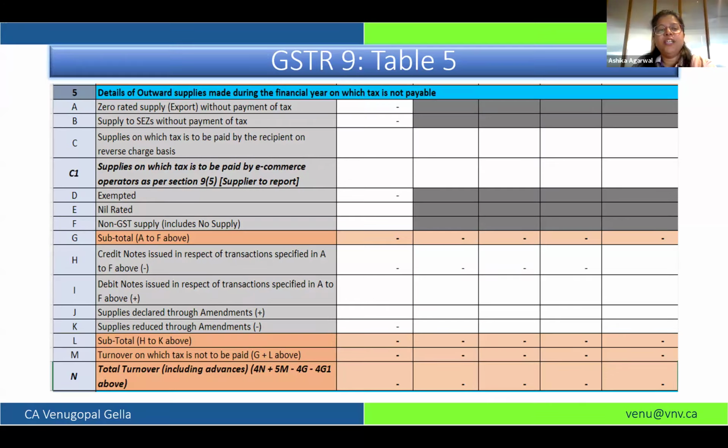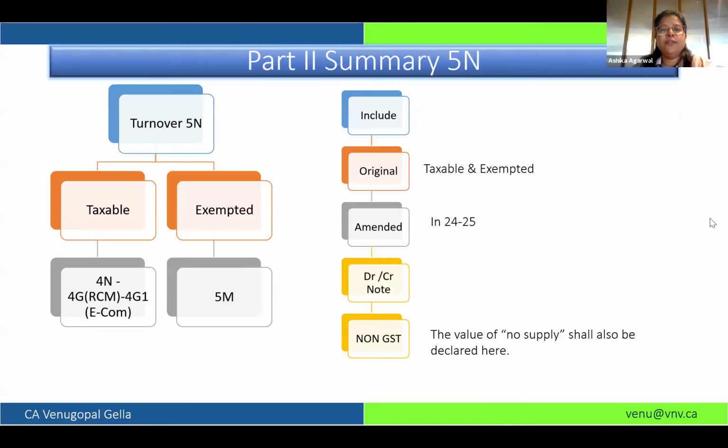Even though you have rectified subsequently, that will form part of part 5 of GSTR 9. Here you will report only the things you have reported in 24-25. Even the amendment which has been taken in 24-25 will be reported. The amendment which has happened in 25-26 will be taken care of by part 5 of GSTR 9, and it will not be forming part of table 4 and table 5.